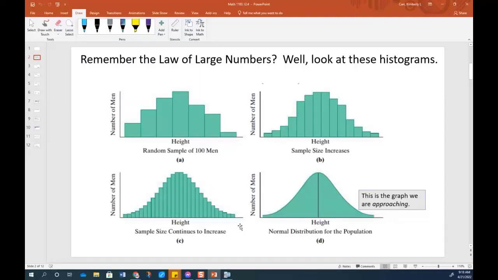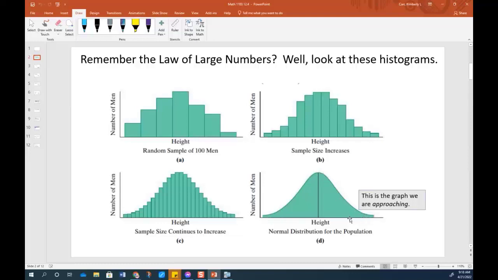If we continue to increase, we would just get smaller and smaller rectangles, and the edges would start to get smoother and smoother. So while doing this would not actually give us a perfectly smooth curve, because we'd always have some little rectangles, this is the graph that we're approaching. And this graph is a normal curve.